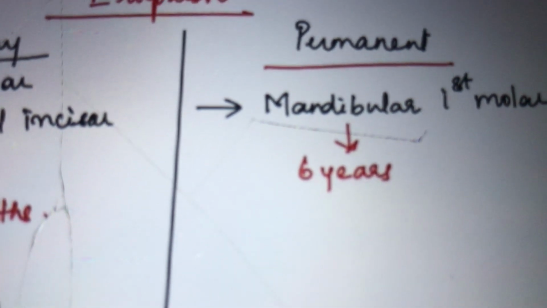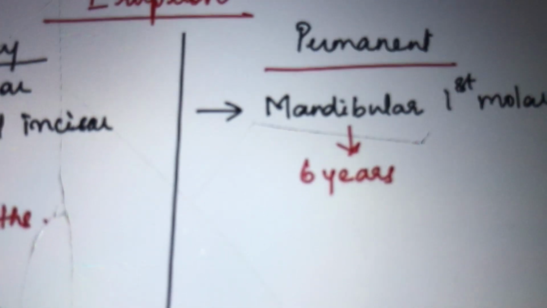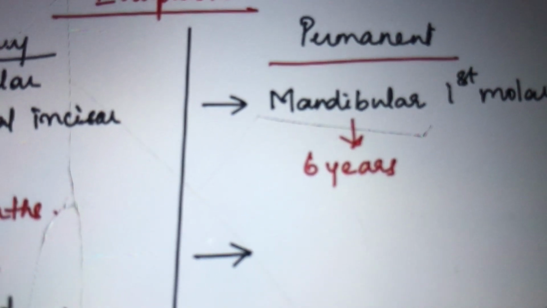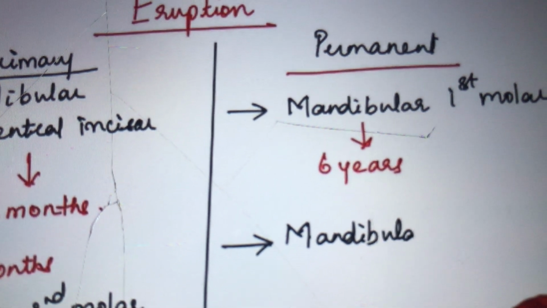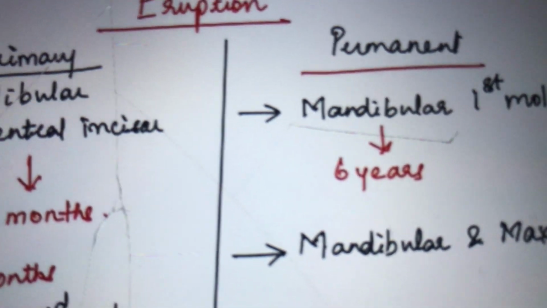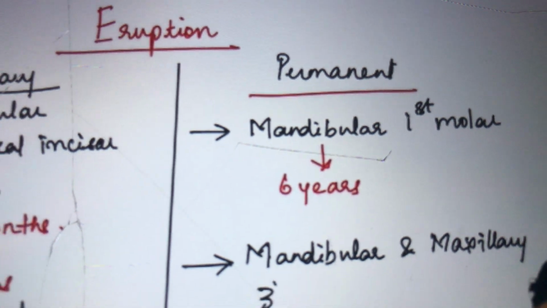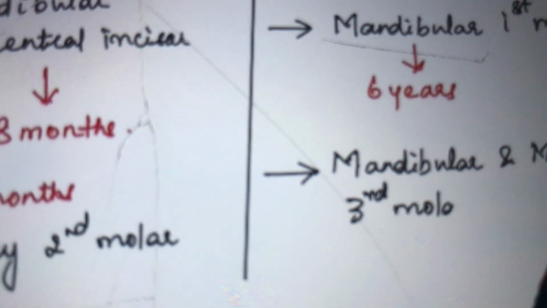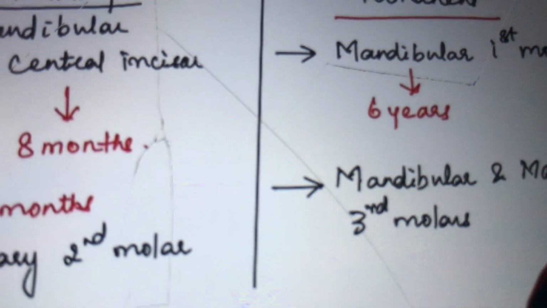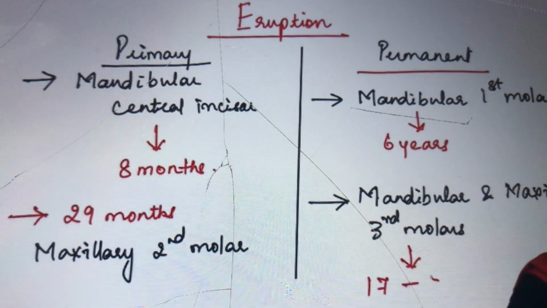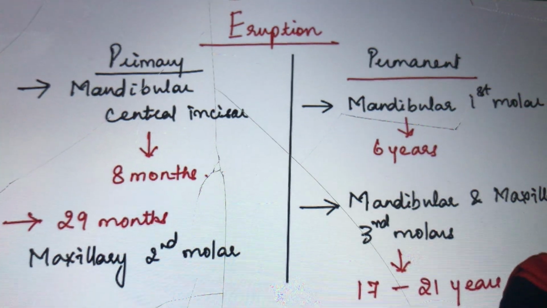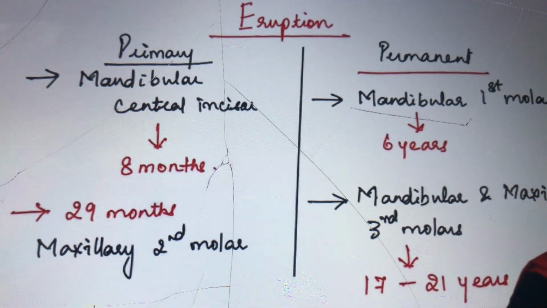And the last tooth to erupt into the oral cavity, among the permanent teeth, is your mandibular and your maxillary third molars, and they erupt at the age of 17 to 21 years. I hope this is clear.